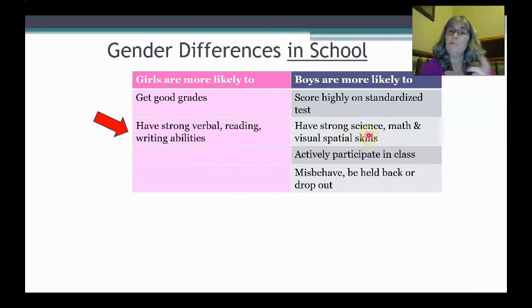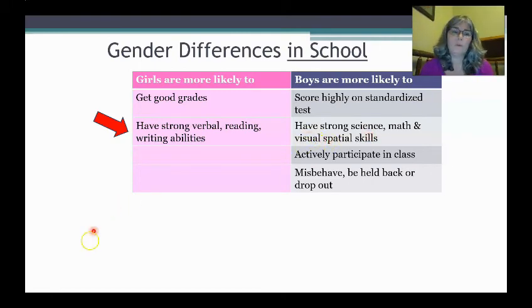And in general, males tend to do better in science, math, and visual spatial skills. And again, this doesn't mean all females are one way and all males are another. It's just a general trend. This is why there's been a lot of work and grant money and research towards trying to engage females more into the math and sciences.